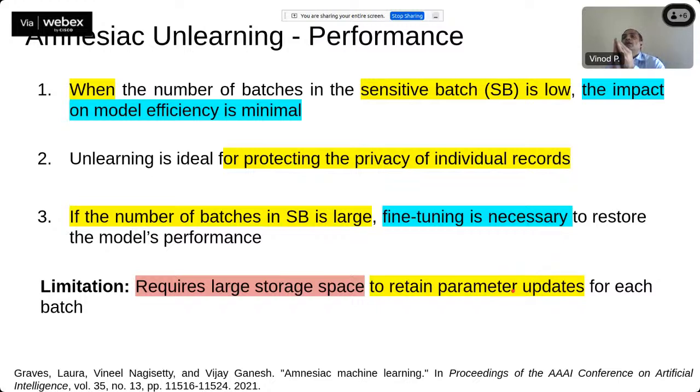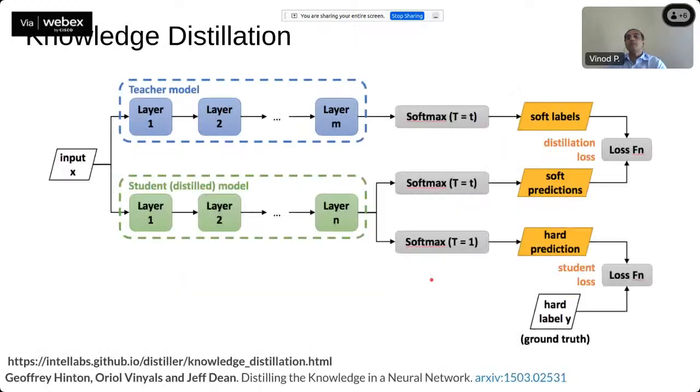If the number of sensitive batches is small, then the storage requirement will be less. But on the contrary, if our data points are spread across multiple batches, then we will have multiple sensitive batches. In that case, we have to keep track of the parameters of multiple batches, so we need extra storage. So this is the problem with MBSIC unlearning.